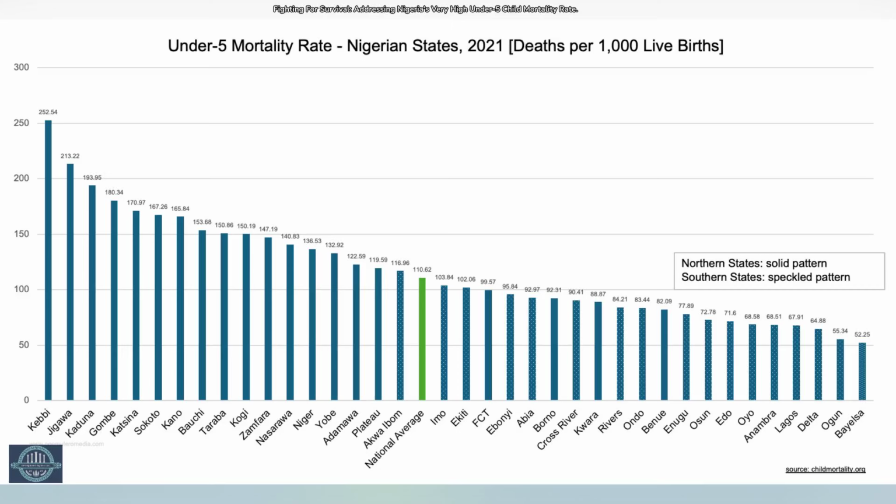Let us draw your attention to the states with under-5 mortality lower than the national average. 19 out of 36 states, approximately 53%, have an under-5 mortality rate lower than the national average of 110.62 deaths per 1,000 live births. Notably, 16 of these 19 states, 84%, are located in the southern part of the country.